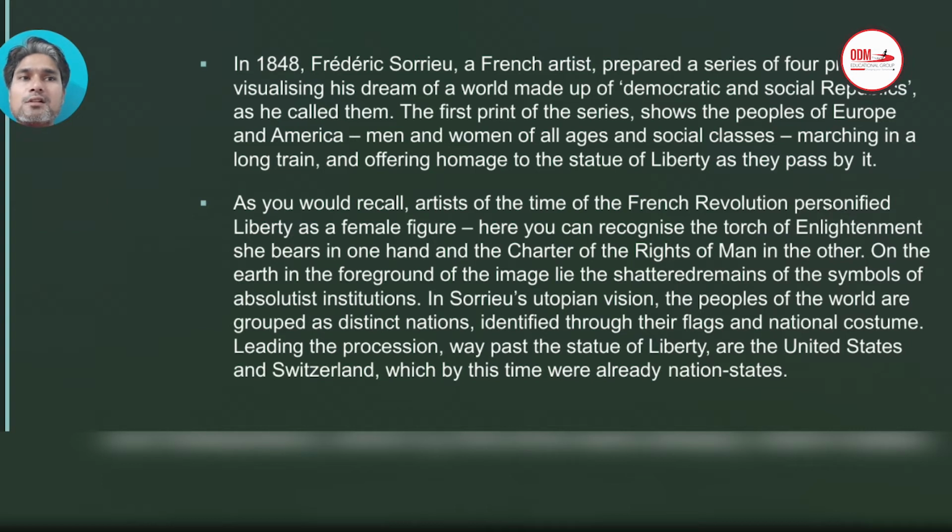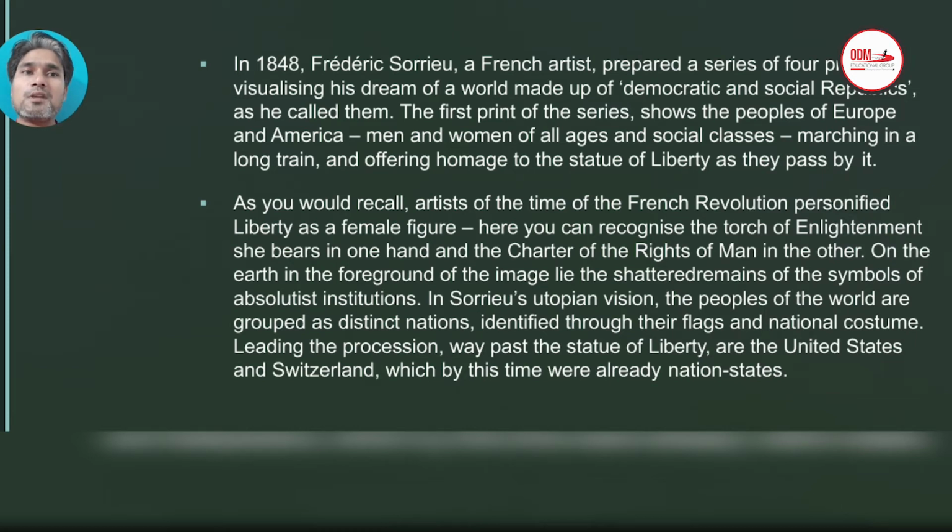On the earth, in the foreground of the image, lie the shattered remnants of the symbols of absolutist institutions. In Sorrieu's utopian vision, it's a society based on moral conduct, right? And it is an ideal society. Utopian society means an ideal society that is very hard to achieve in practice.